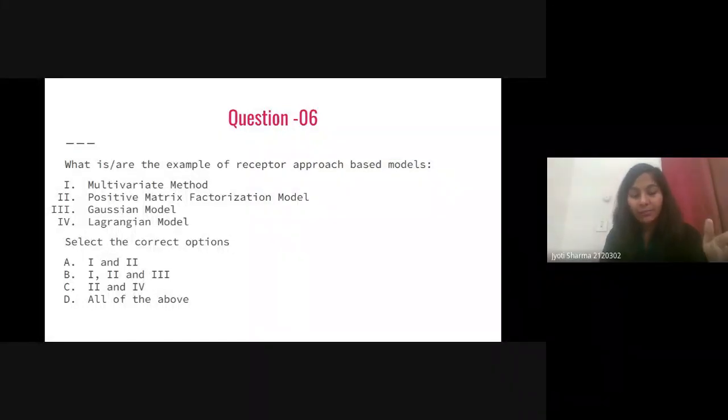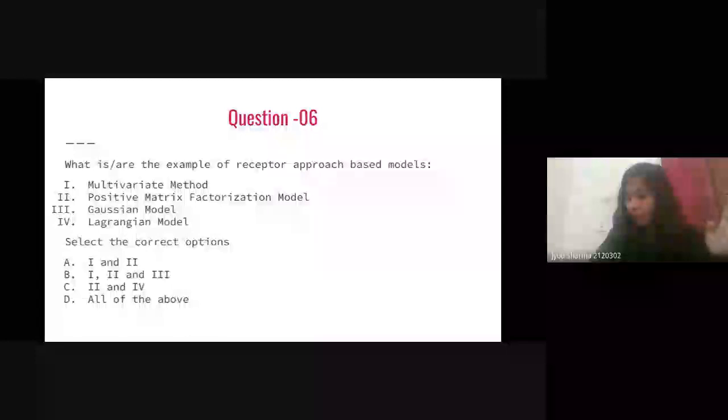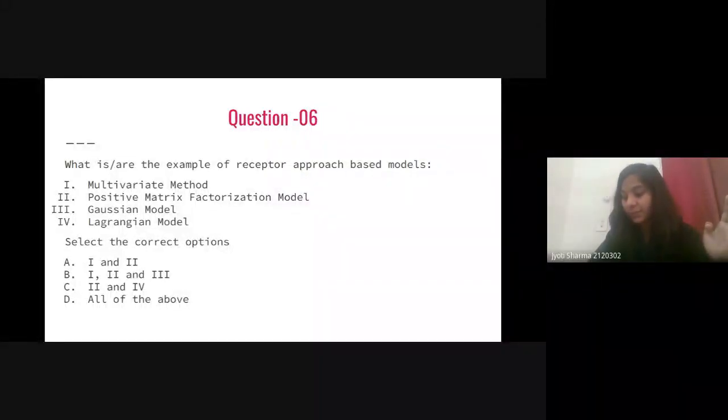So there are some receptor models and there are some bottom-up approach models or dispersion models. You have to tell me the examples of receptor approach based models: multivariate model, positive matrix factorization model, Gaussian model, and Lagrangian model. You have to tell me the answer.